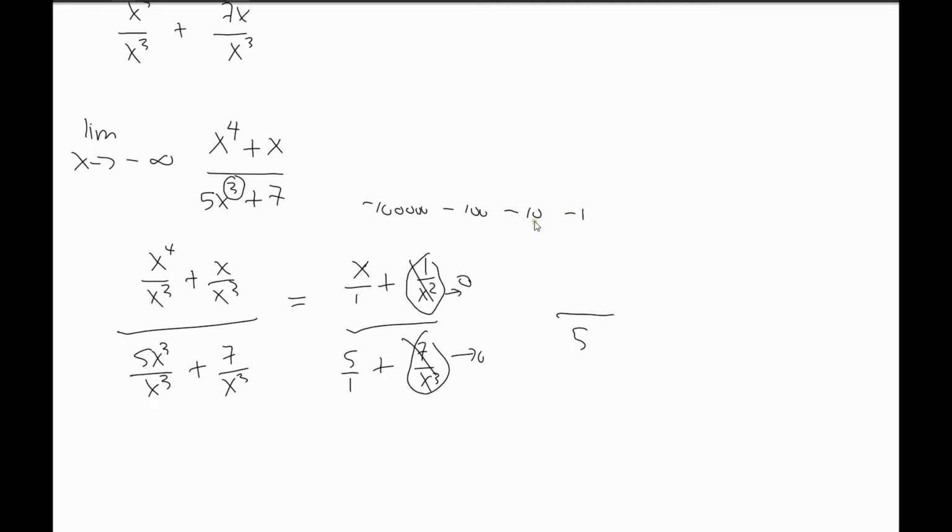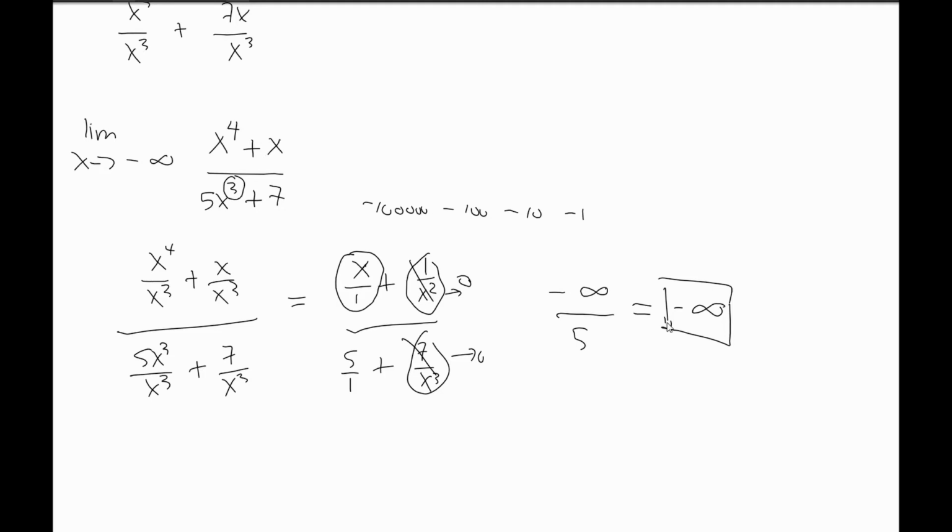If we substitute negative 10, this will be negative 10. Substitute negative 100, it will be negative 100. Thus, if we substitute negative infinity for x, this will behave like negative infinity. So negative infinity over 5, which is our denominator, will result in negative infinity. Thus, the answer for this one is negative infinity.